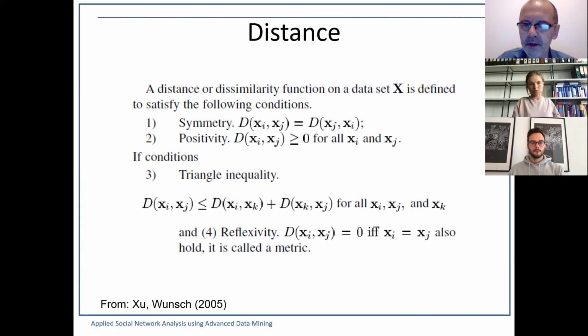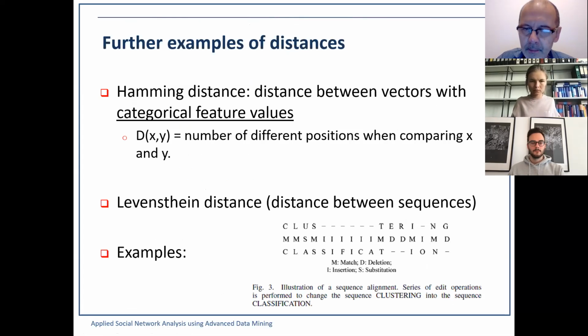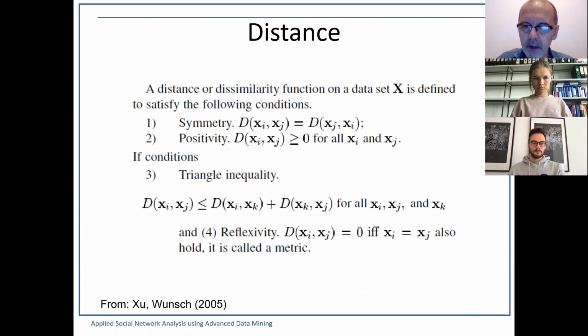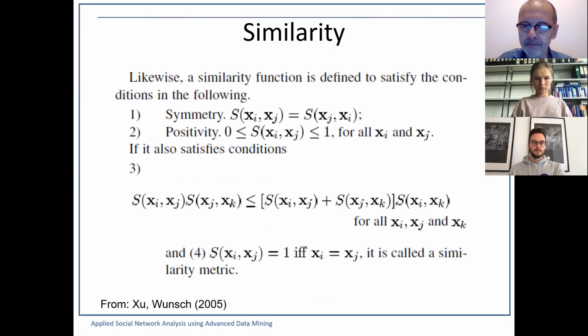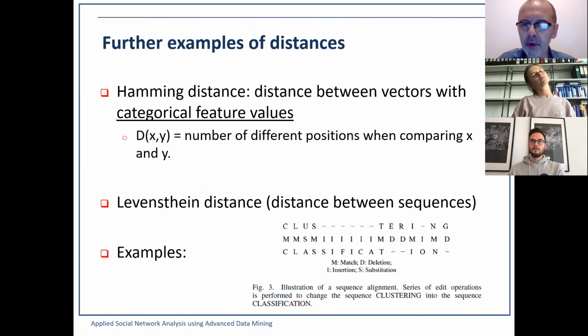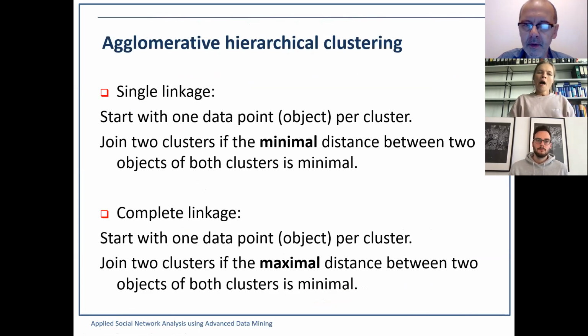It's not a contradiction because it can be used to calculate something like a distance if you have categorical feature values. Categorical means nominal scale or ordinal scale, but this distance function does not fulfill all three criteria we have for a real distance function. Okay, but anyway, it gives you a notion of distance if you have categorical features.